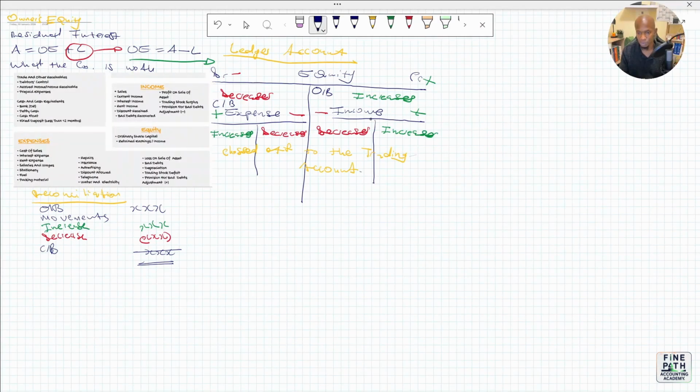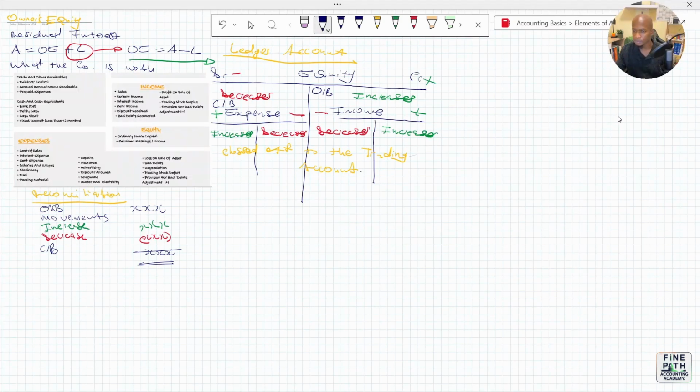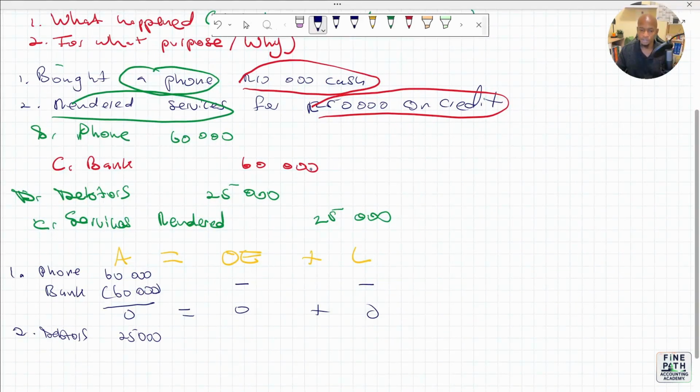So we write it as 25,000 under our equity, because our income is increasing. So 25,000 is equal to 25,000 plus 0, and we see that our accounting equation is balancing.